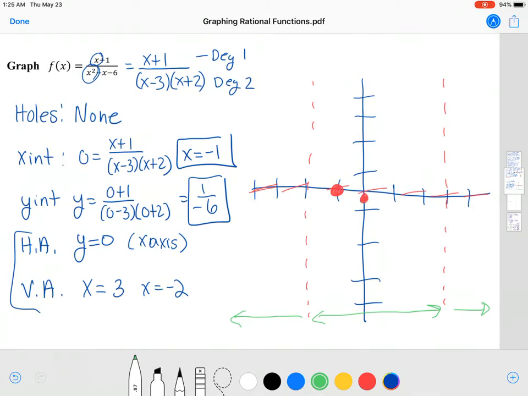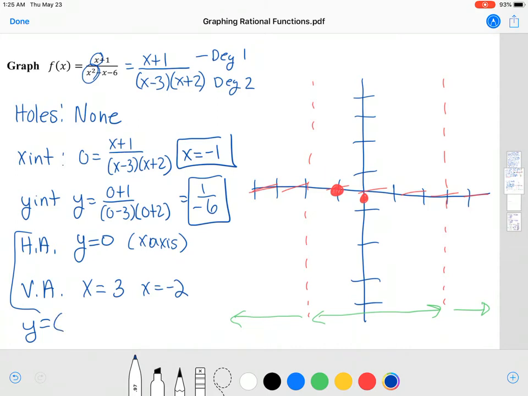So when we go to put this in on the calculator, we want to make sure that we graph all 3 pieces. And when we go to put this in on the calculator, again, I can't stress this enough, when you put it into your y equals, you want to make sure that if you have more than one term, you have to put parentheses so the calculator knows what's in the numerator and what's in the denominator.